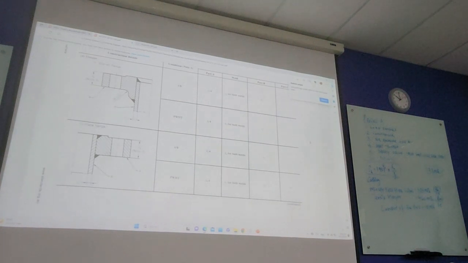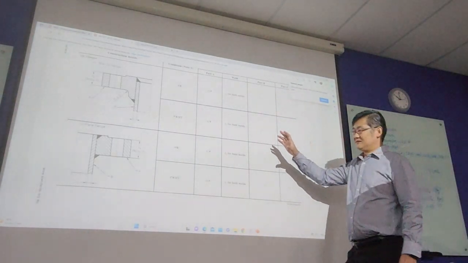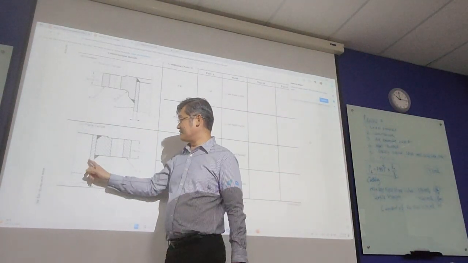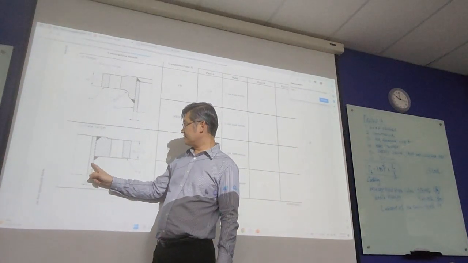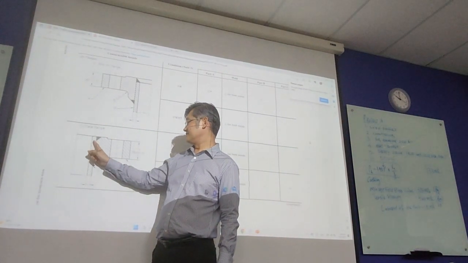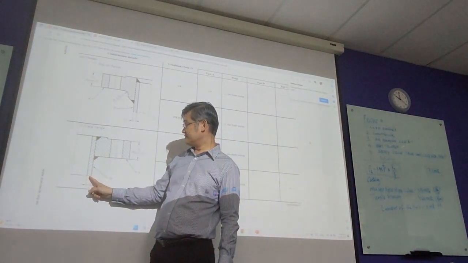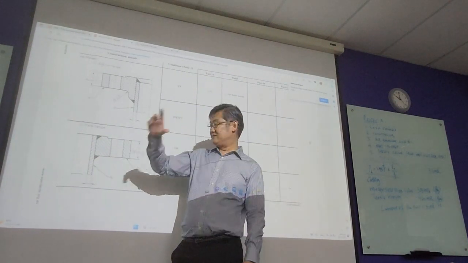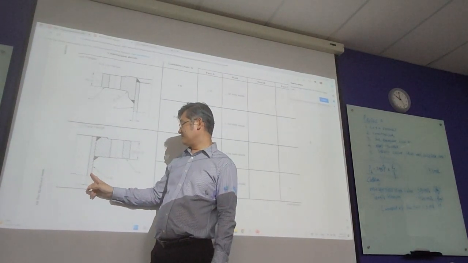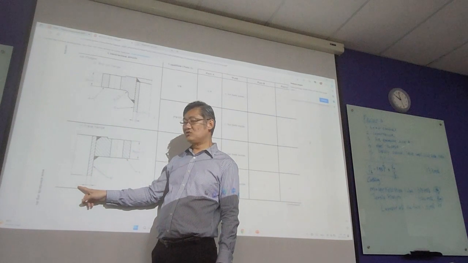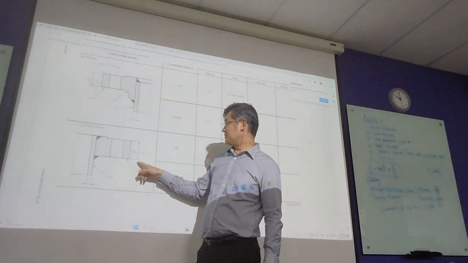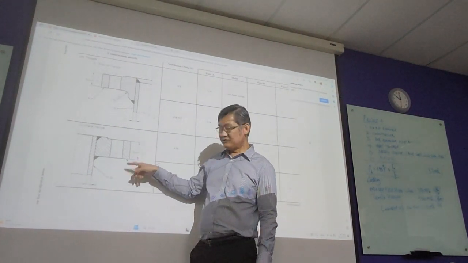Okay, over here, I just want to show you, this is the air receiver that we designed. As I explained to you, this is the thickness of the shell. The thickness of the shell means our cylinder, our air receiver thickness. So it's defined as T2. This one is TF, if you look carefully.